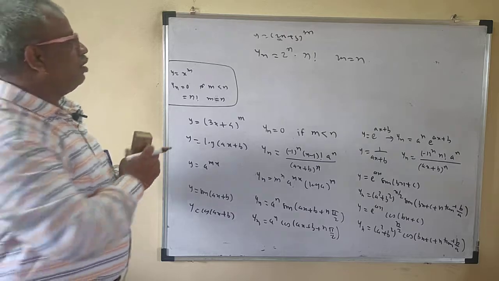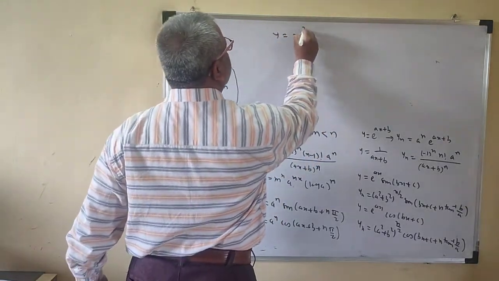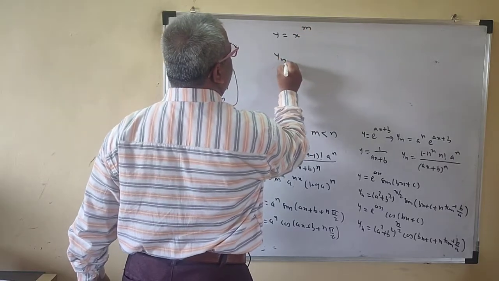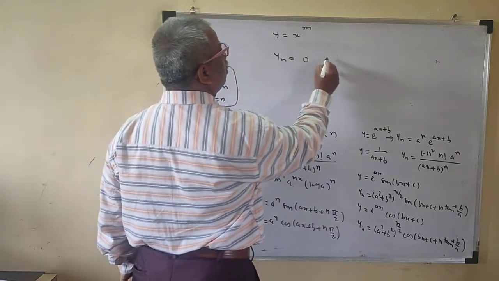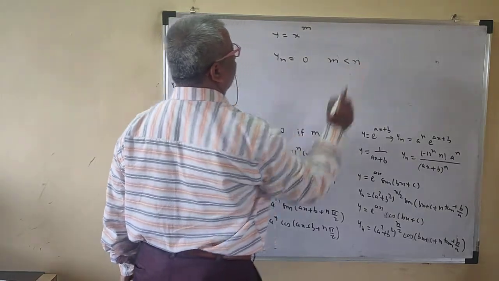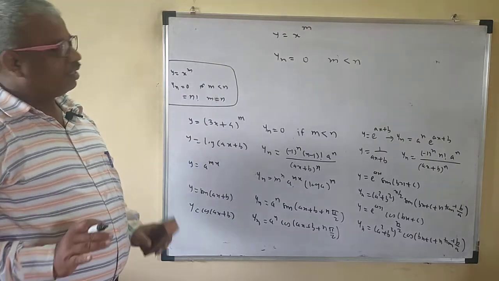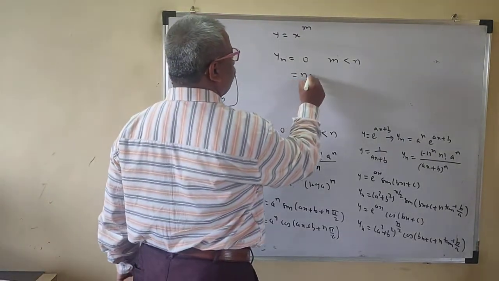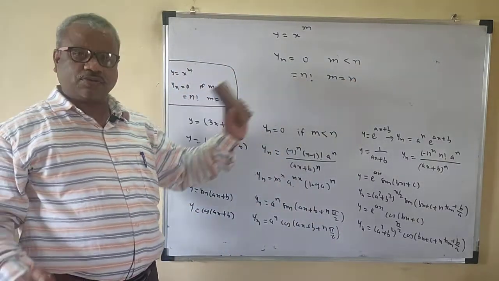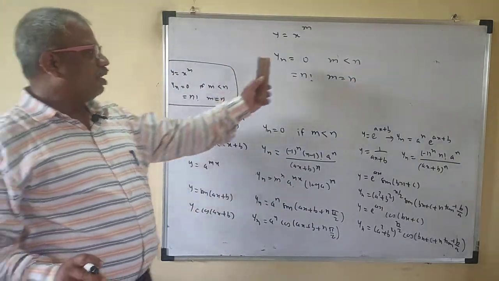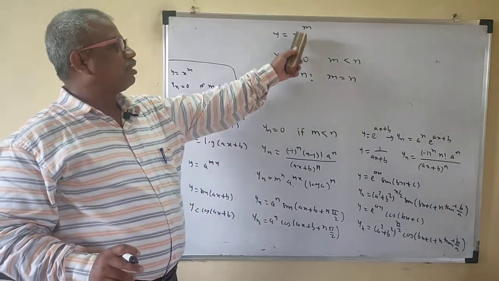Remember that. Now if y is equal to x raised to m, then yn is equal to 0 if m is less than n, because the derivative is 0. This is equal to n factorial if m is equal to n. You can write m factorial also, but since we are taking the nth derivative, I write n factorial, because this is x to the power n.